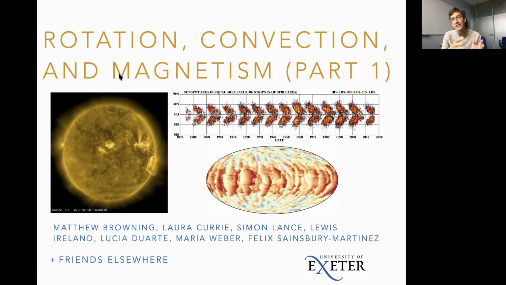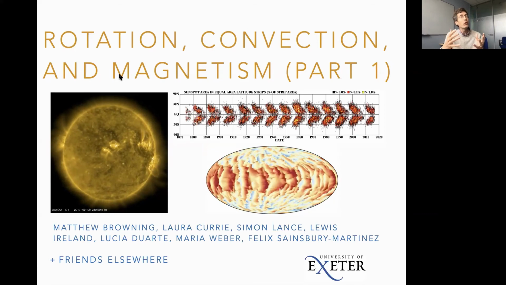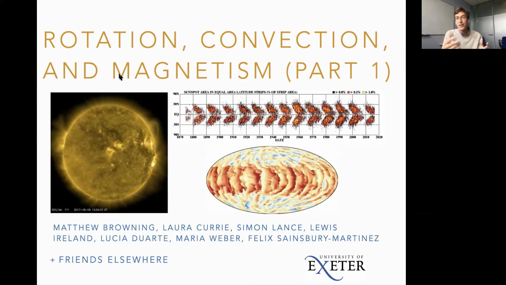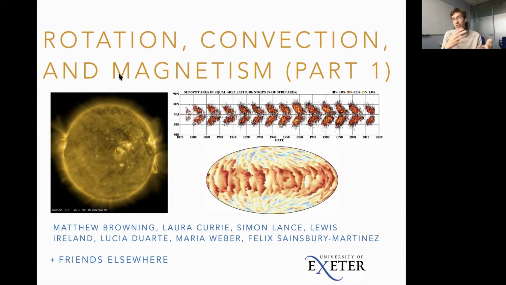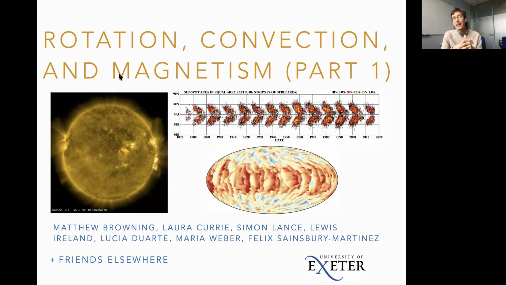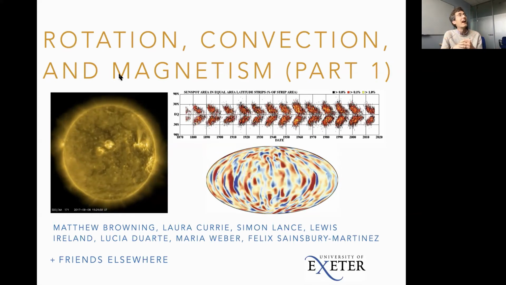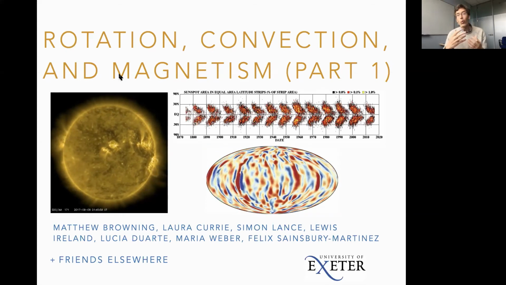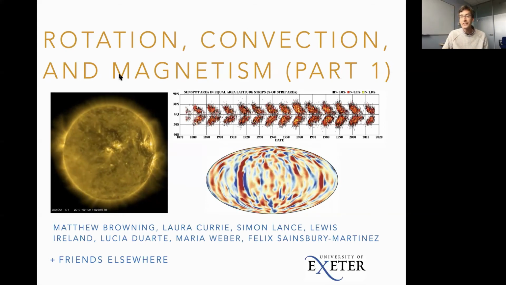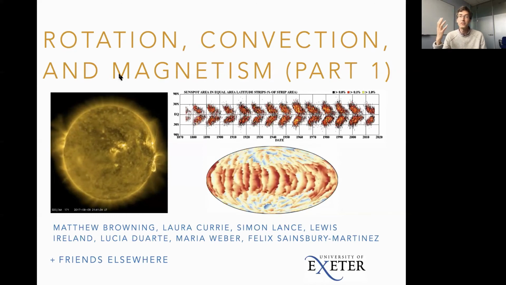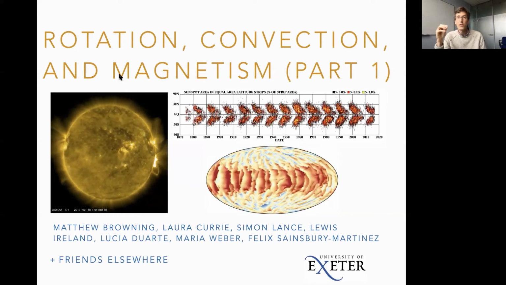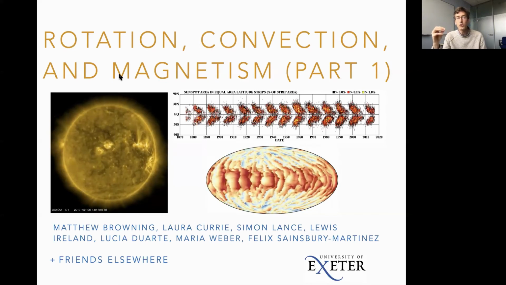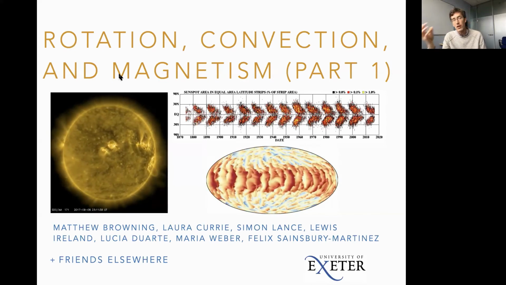For that person, I wanted to give a sense of what some of the interesting puzzles out there are, what we can observe and how we observe it, because that colors the questions you can answer. And just a general sense of what stars can do for you. What is it that observations of stellar magnetism, stellar rotation, stellar convection can tell you that is difficult or impossible to learn from an experiment in a lab?